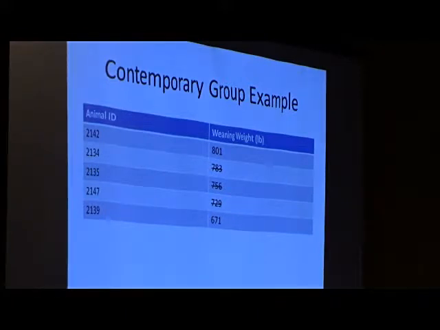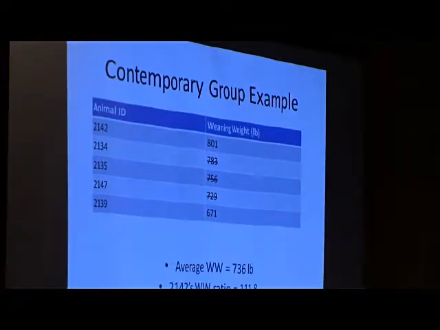And sure enough, he gets rid of everything and decides he's just going to record the top weaning weight and the lowest weaning weight. So he comes up with a lower average weaning weight of 736 pounds, but 2142's ratio has gone up. He's like, okay, that's how I'm going to make money. This bull looks really good. We're going to market him. Gallant's not going to know a thing.